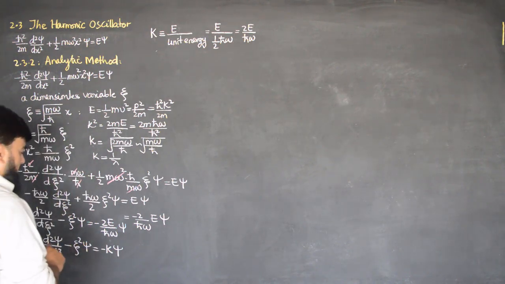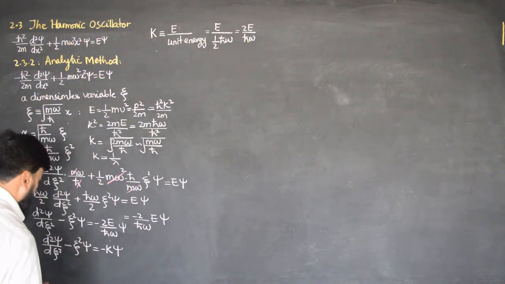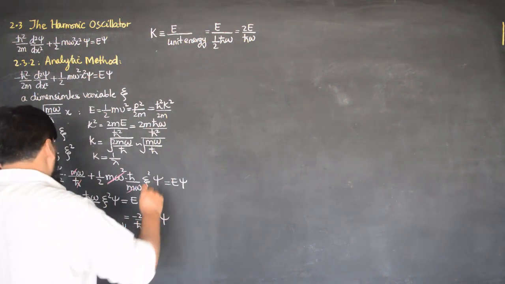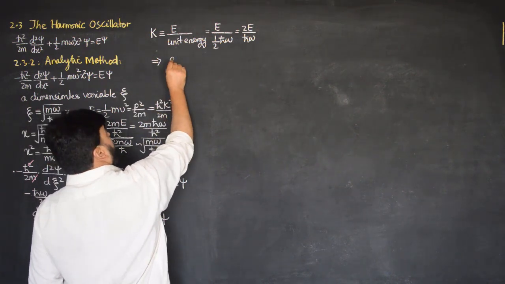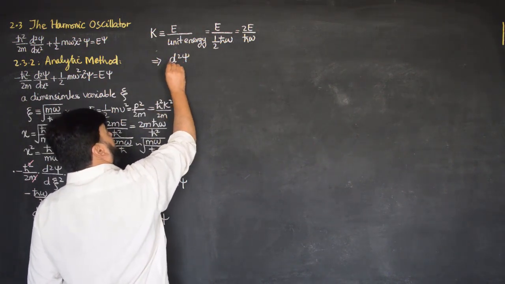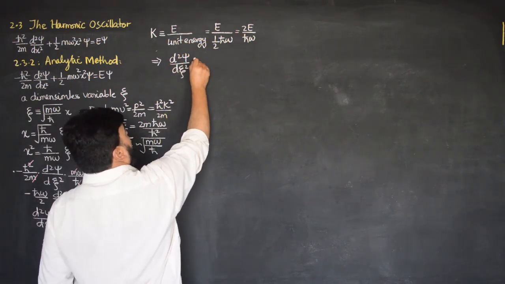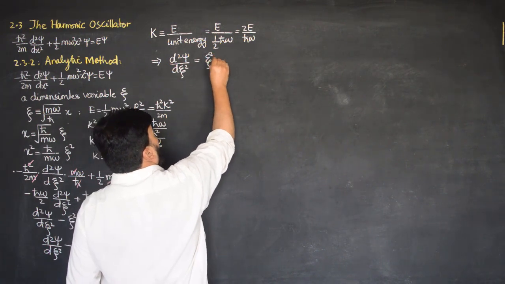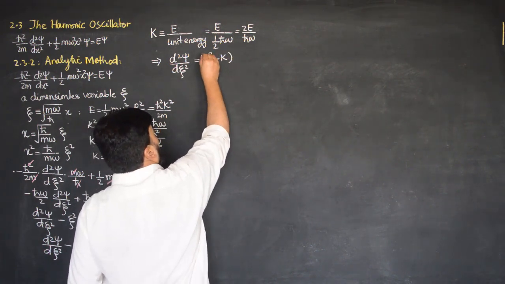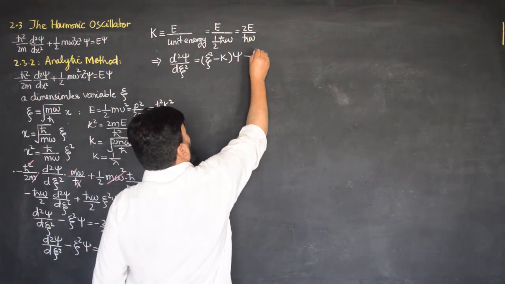So we have this equation, which I will write in a simplified form: d square psi over d xi square is equal to (xi square minus K) psi. Let's say this is equation 1.